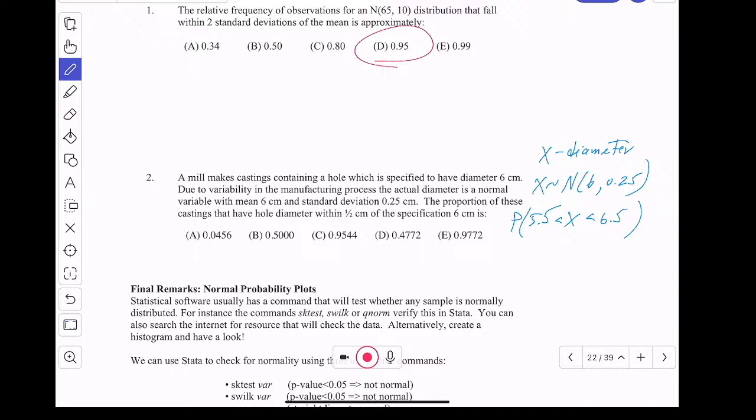If you were to standardize this, are you guys agreeing with me with what I just wrote? Do you agree?